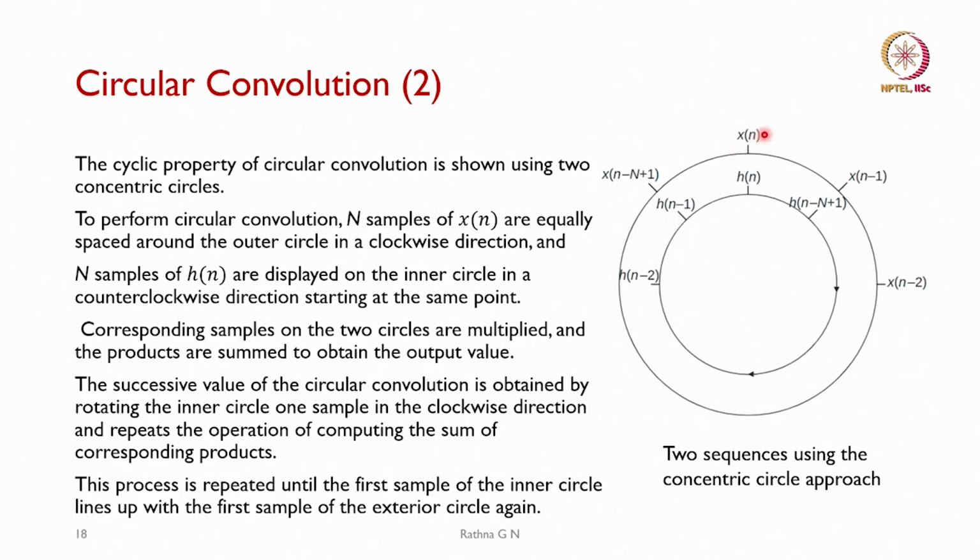Whereas you will see that x of n goes in this direction anticlockwise, x of N minus N plus 1, and then we come to x of N minus 2 and x of N minus 1. So, this is how we will represent it. We will see with an example how we are going to compute this.